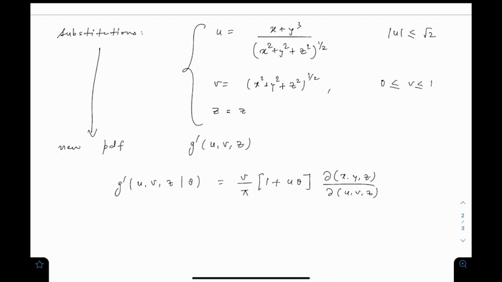After integrating out v and z, we can get the marginal PDF for u alone. Now this integration is not analytically feasible. It has to be done numerically.